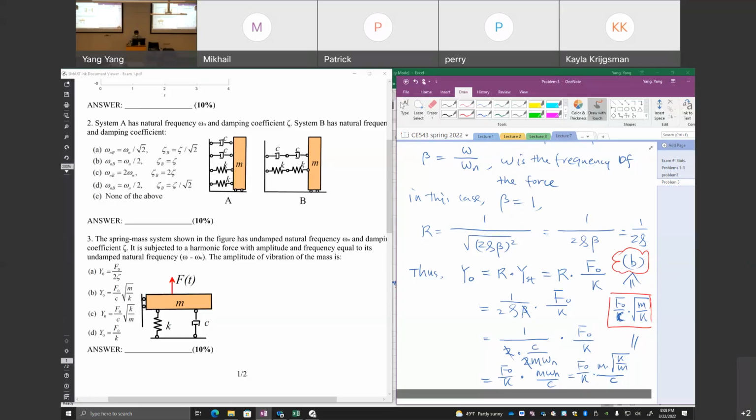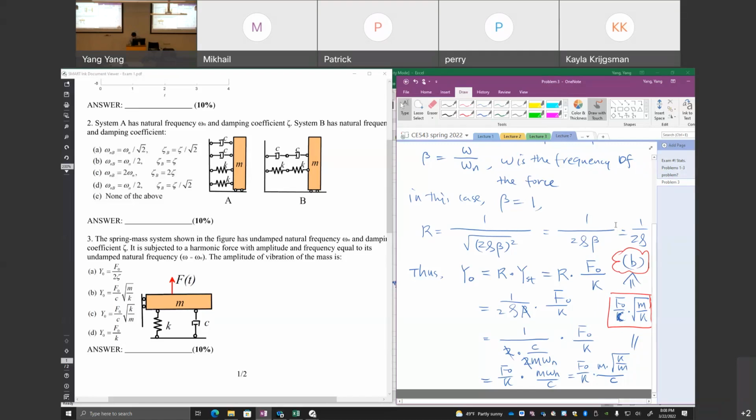Very good. Yeah, so that's the nature of multiple choice problems: 25% chance to get it correct, even by guess. So any other questions regarding the third problem here?